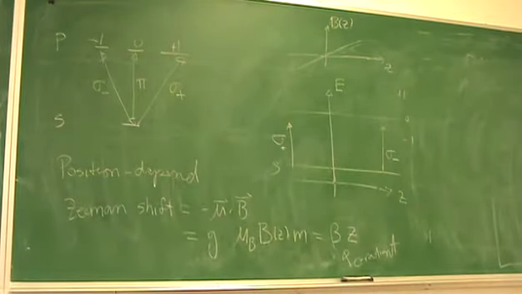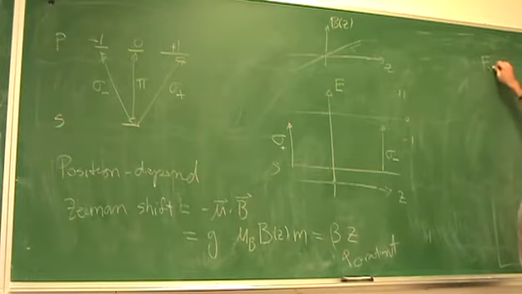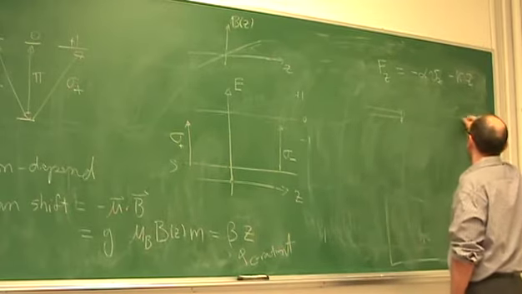Which means that I can create simultaneously a damping force in velocity and a restoring force in position through the following molasses configuration.